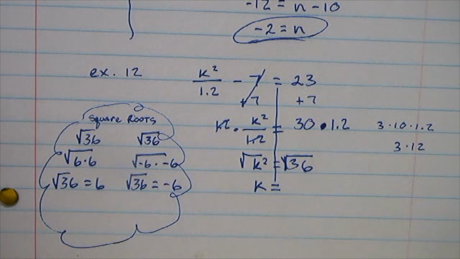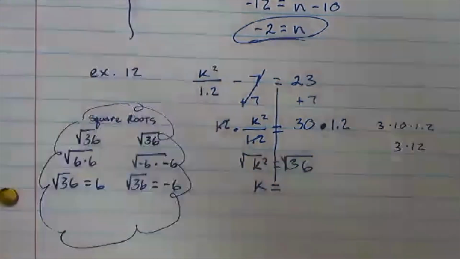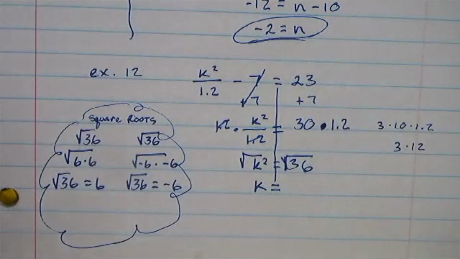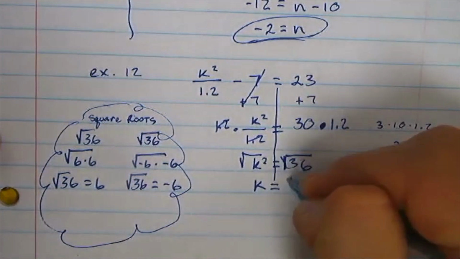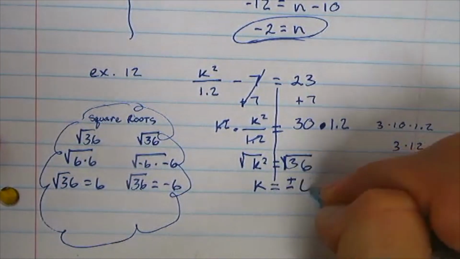So which one do we use? The truth is, there are going to be times where only one of them will work in the equation. And you have to go back to some quadratics for that, which come way later in the year. But for now, we're just going to write positive or negative 6.